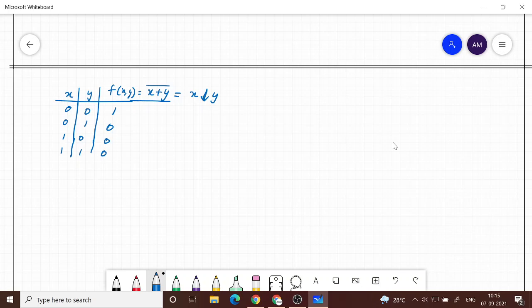So if we use this symbol, just like plus we use for OR operation, dot we use for AND operation, this down arrow we are going to use for, let me say that here this is the symbol for NOR operation. Okay, so this stands for the NOR operation.